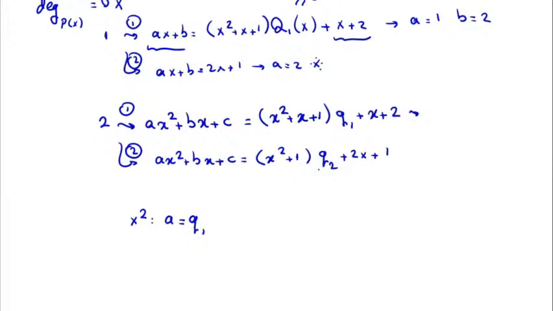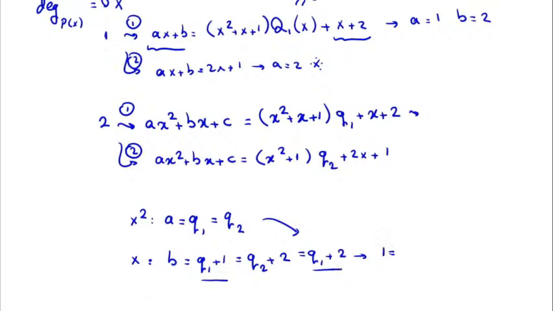In this equation, it will be q2. If we consider the coefficient of x, here it will be b. On the right side, it will be q1 plus 1. Here again, it will be b. On the right side, it will be q2 plus 2. Because we know q1 equals q2, it will be q1 plus 2. So because of this part, 1 equals 2, which is a contradiction. So degree 2 is not possible.